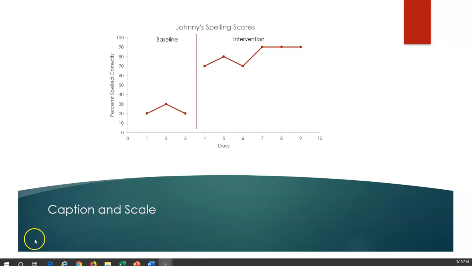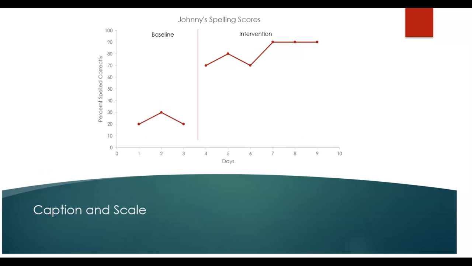So there's a lot to be learned from this graphic. Did the intervention increase the percent of words spelled correctly? You tell me. Well, the truth is, we can't tell if our intervention is responsible for the change in Johnny's spelling.